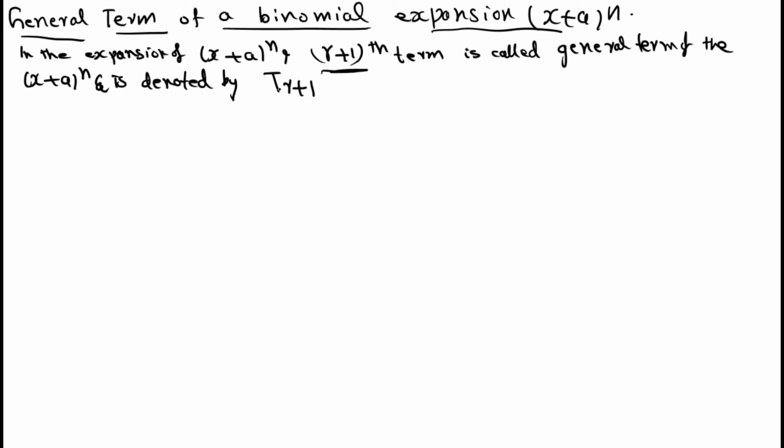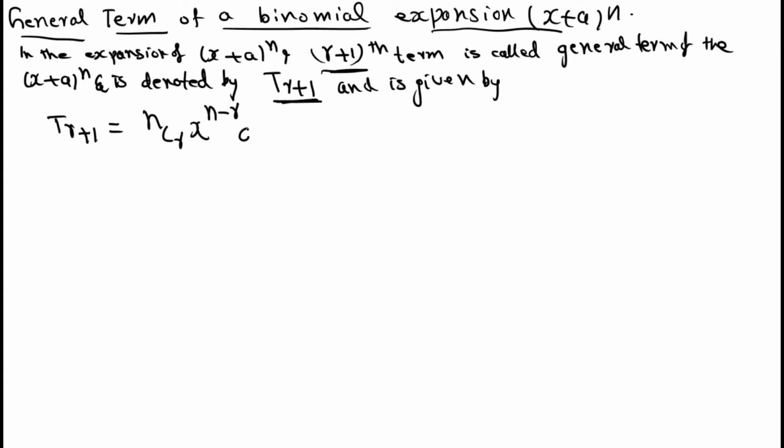Here T represents term, the general term of the binomial expansion, and it is given by the formula T(r+1) = nCr · x^(n−r) · a^r.